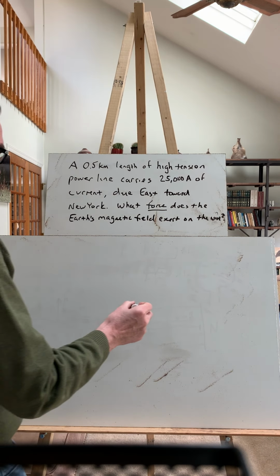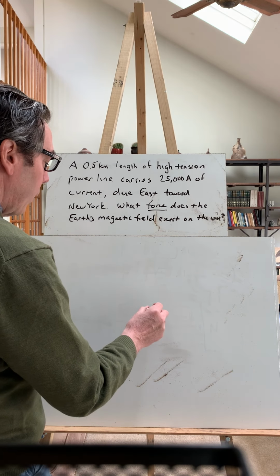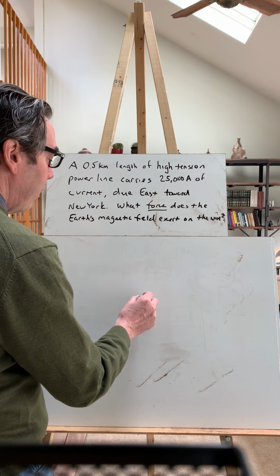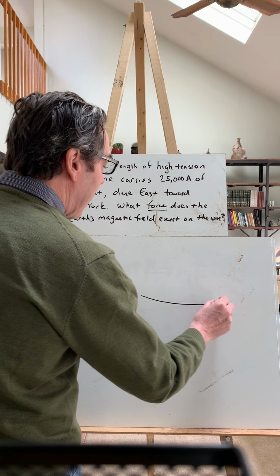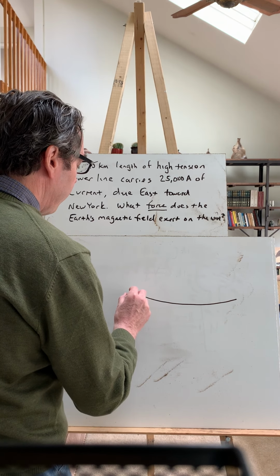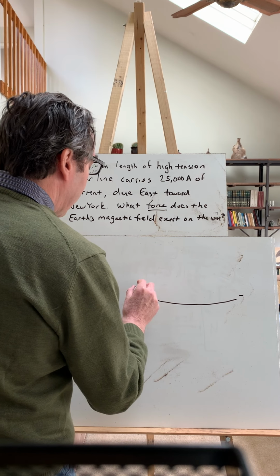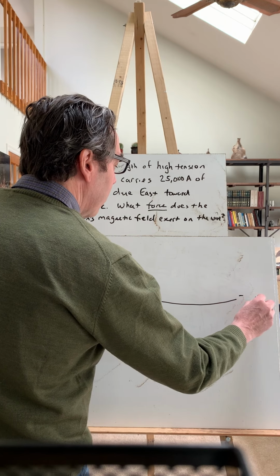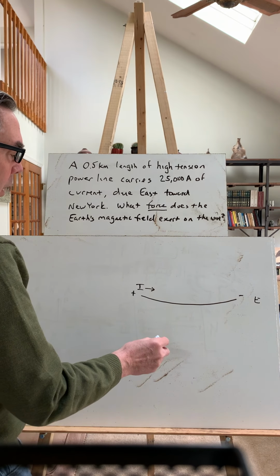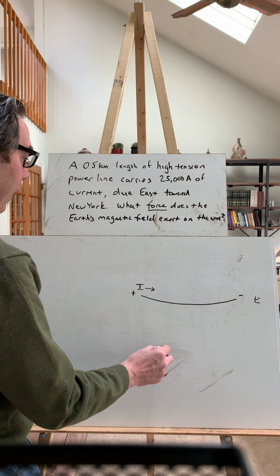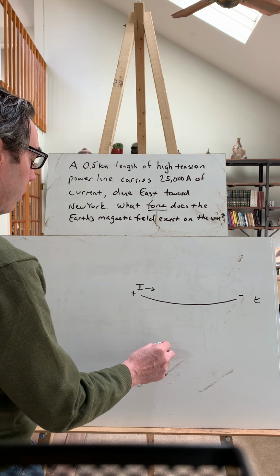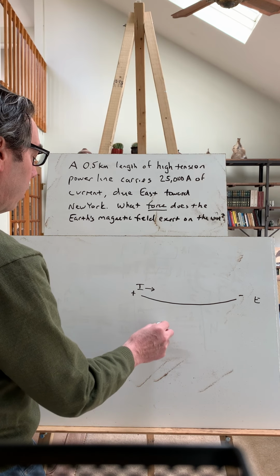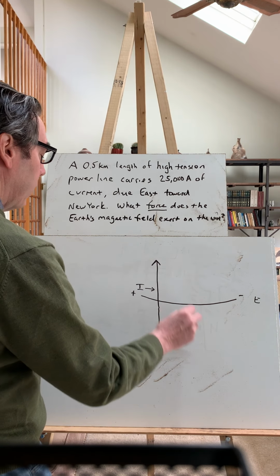So let's sketch our situation first. Okay, so we have a length of power line, right? And we have a current traveling east, right? We'll call that east. And we know that the Earth's magnetic field is north.